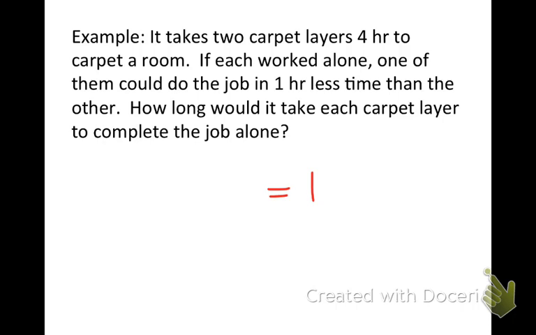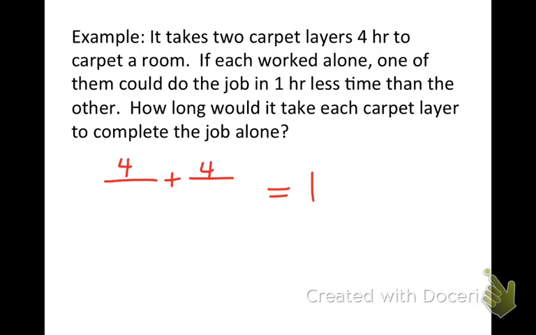Okay, so we are going to take the total time that it took them, which is 4, and make that the numerator of both workers. So if this represents worker 1, this represents worker 2.